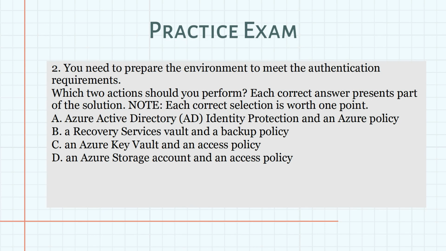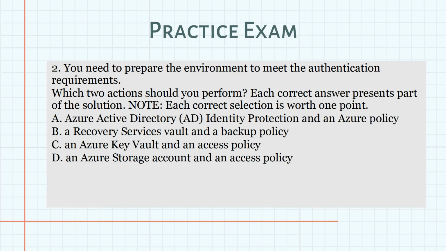2. You need to prepare the environment to meet the authentication requirements. Which two actions should you perform? Each correct answer presents part of the solution. Note: each correct selection is worth 1 point. A. Azure Active Directory: add identity protection and an Azure policy.